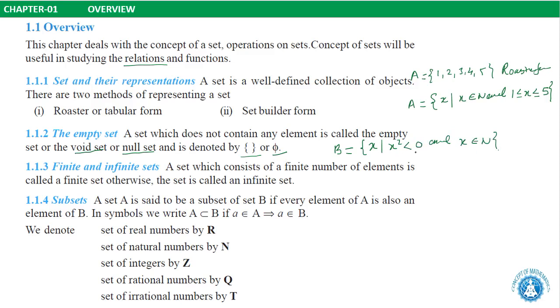This situation cannot be possible, since the square of a natural number cannot be less than 0. So in turn this will be a null set.